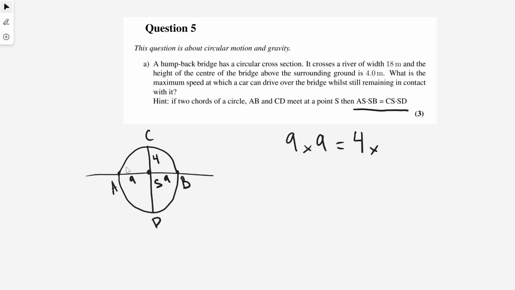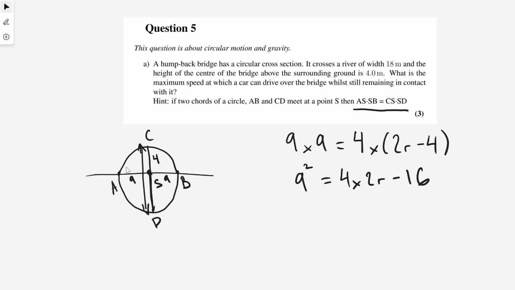Now let's call the radius R, which means that the distance across from C to D will be 2R. So the distance SD will be 2R minus 4. So 9 squared is equal to 4 times 2R, take away 4 times 4, which is 16.